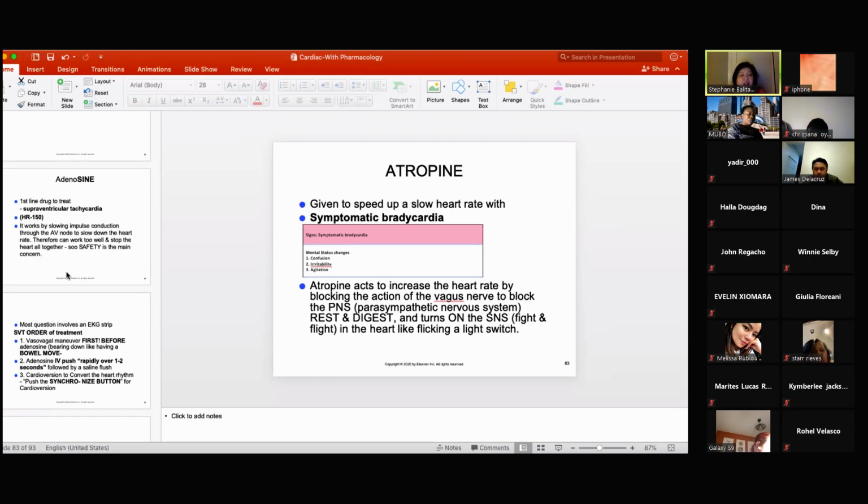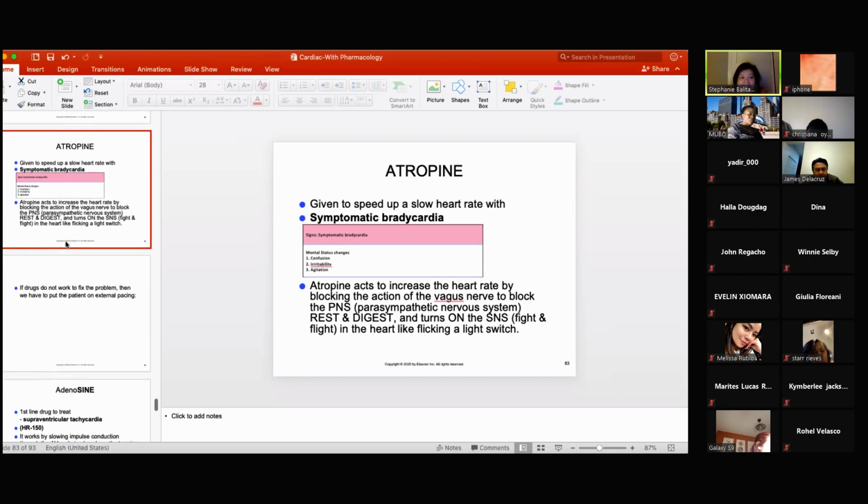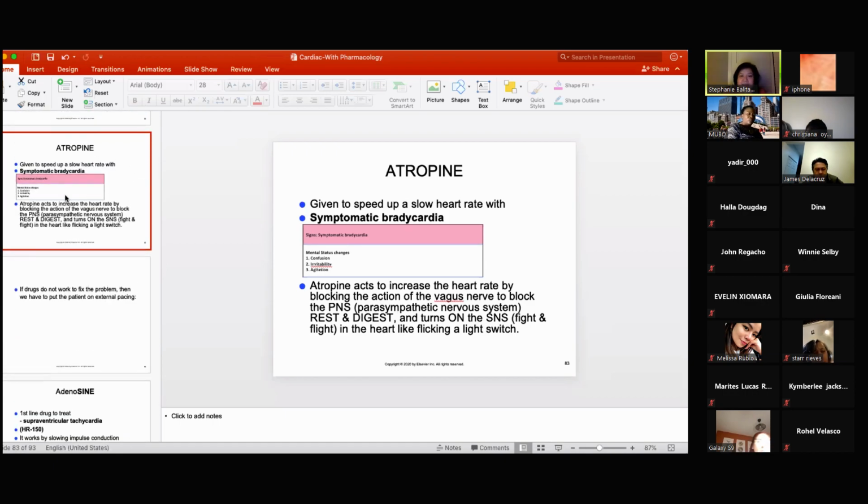One of these drugs is called atropine. Atropine is given for a very slow heart rate, because of symptomatic bradycardia.